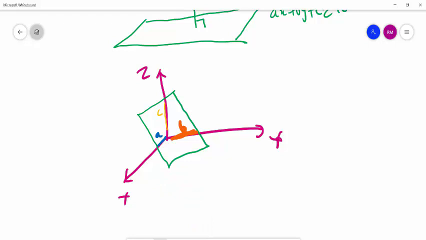Then the intercept form is given by x by a plus y by b plus z by c, that is equal to 1. So this is the intercept form. This is positive x axis, positive y axis, positive z axis. O is the origin.